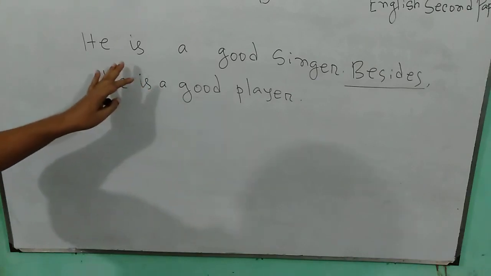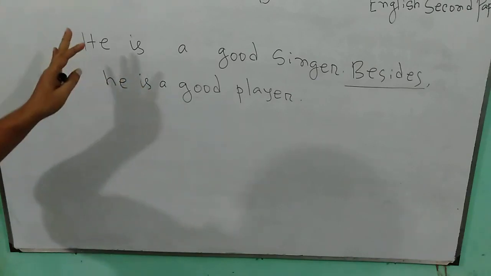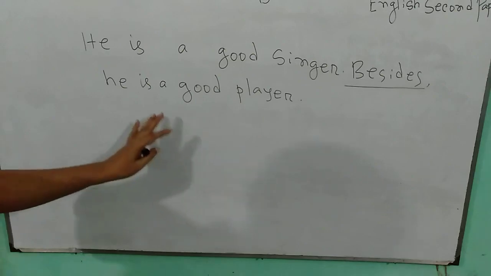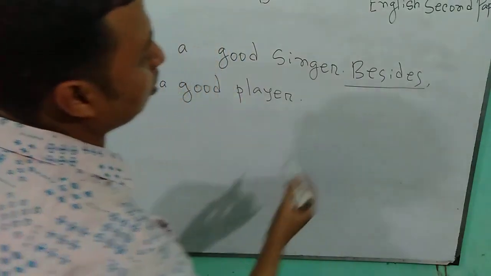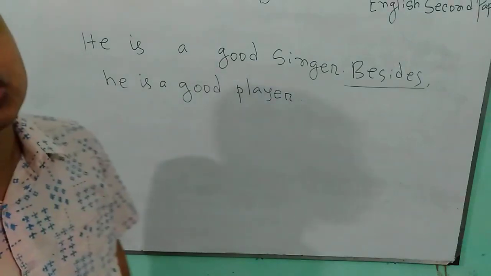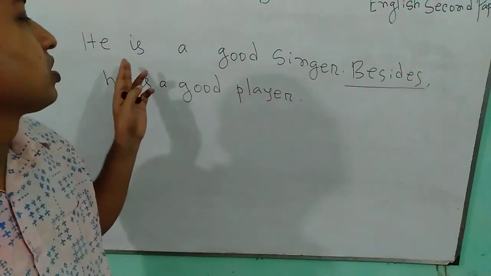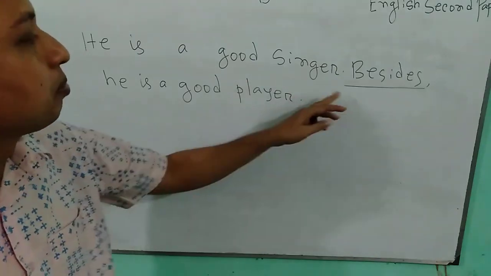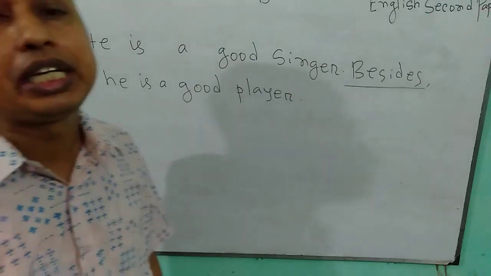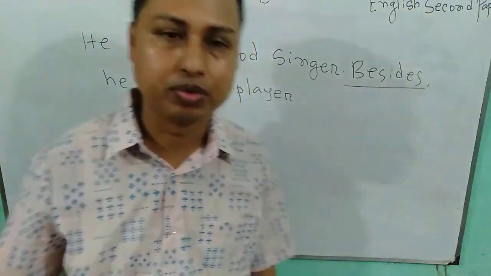When the idea of the previous sentence is the same as that of the subsequent sentence, we use besides, or to add extra information about the subject of the previous sentence, we use besides, moreover, in addition, furthermore.